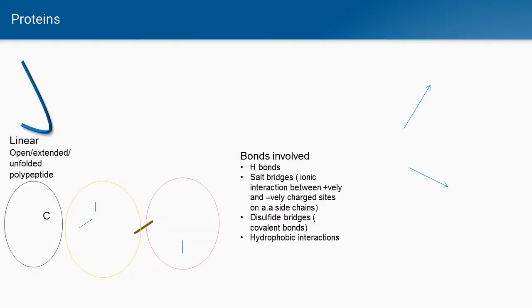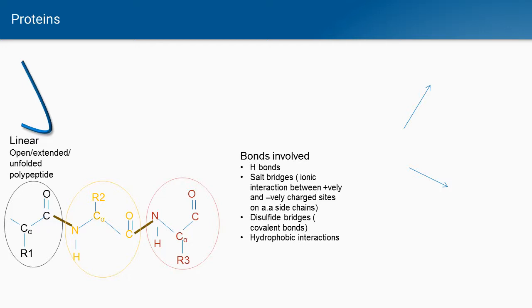I'll discuss the basic structures that a protein can acquire. The protein's basic structure is linear, which is an open, extended and unfolded polypeptide, where different amino acids are joined by peptide bonds. Here I have shown the peptide bonds with olive green color.